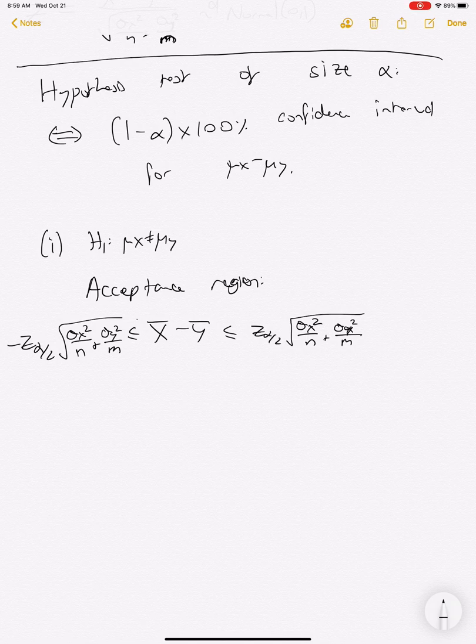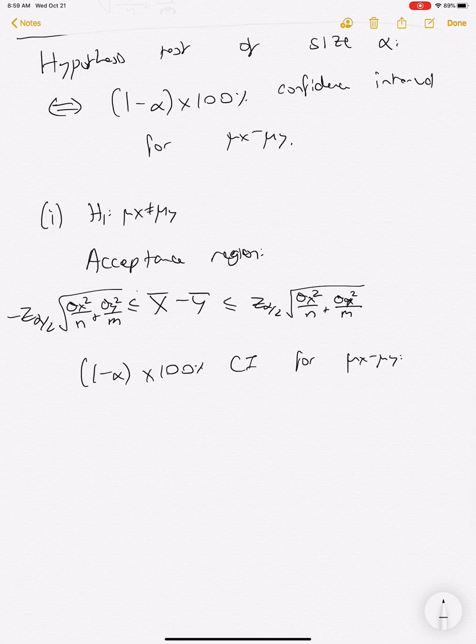And you can easily convert that into a 1 minus alpha times 100% confidence interval for mu x minus mu y.